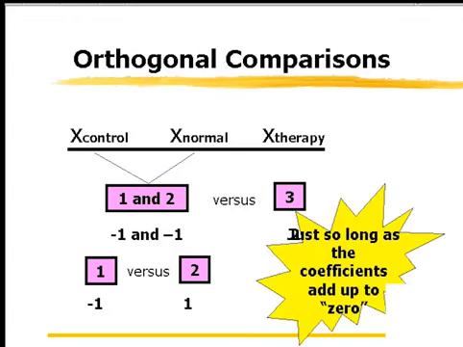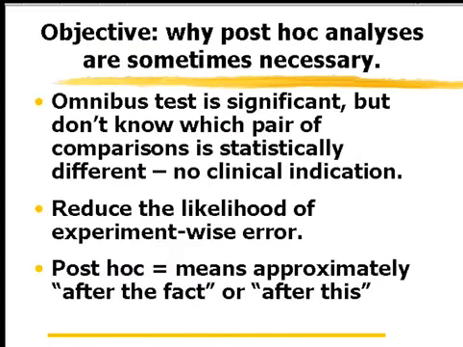So as long as those coefficients add up to 0 in this fashion, then the comparisons are orthogonal and they do not use the same information. Okay? So this is with planned comparisons. Now, the other type of comparisons that we looked at with the t-test, for example, that is also appropriate with the analysis of variance, is what they call post hoc comparisons.